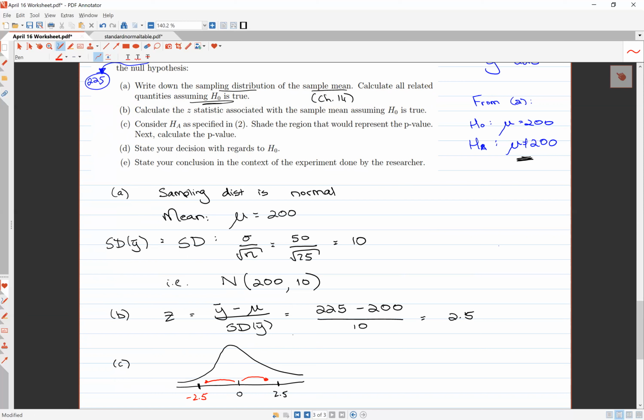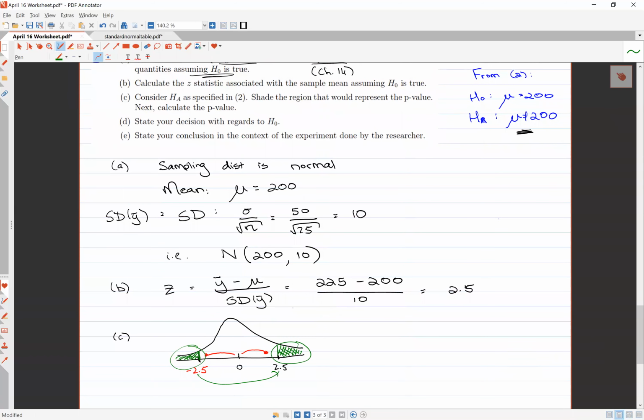So we need to simultaneously calculate the chance associated with both sides of this bell curve. Now, because of symmetry, the two sides are equal to one another, right? If we can just figure out one of them, we can double the value.